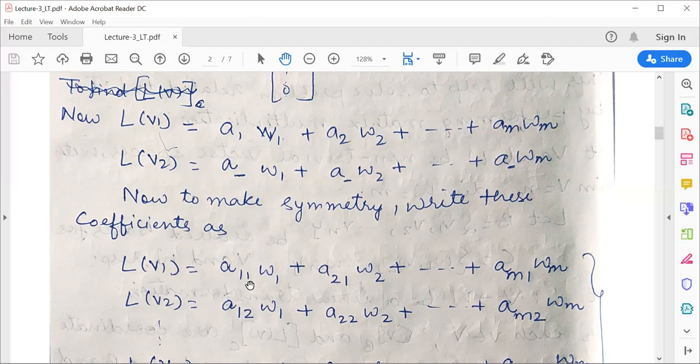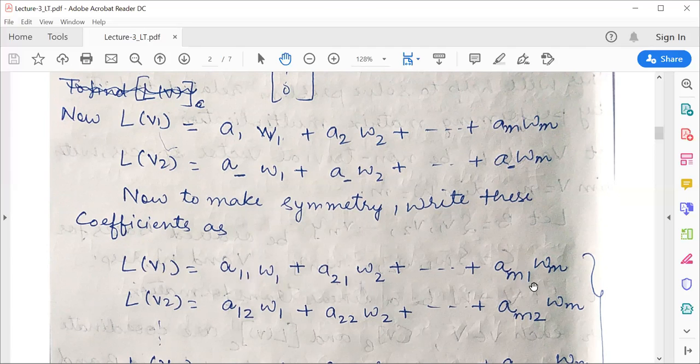This second number is representing what we are writing this linear combination of: V1. So A21 means this is the scalar coefficient of the second basis element W2, and this second suffix is representing that we are writing this linear combination for V1.